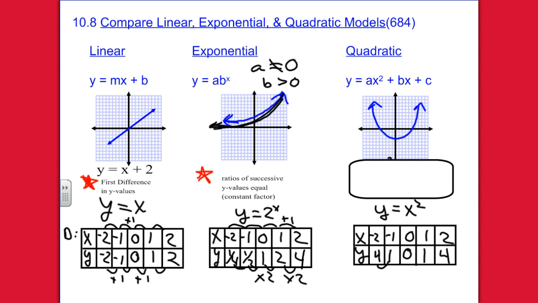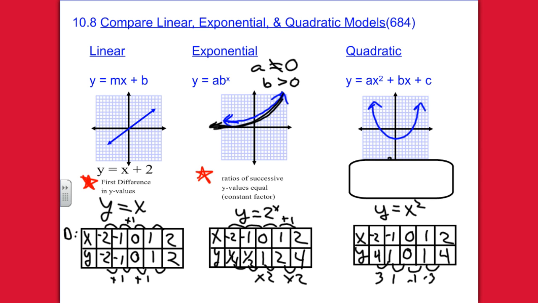So let's look here. Tell me, what is 4 minus 1? And what is 1 minus 0? 1. And what is 0 minus 1? -1. And what is 1 minus 4? -3. Okay, so doesn't it still feel kind of quadratic-ish here?